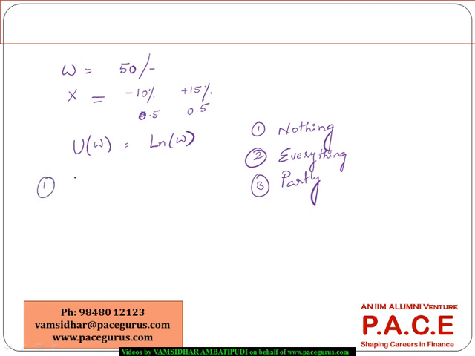In the first case, because he is not investing anything, even after 1 year his wealth is going to be 50 itself, which means his utility is going to be log 50.